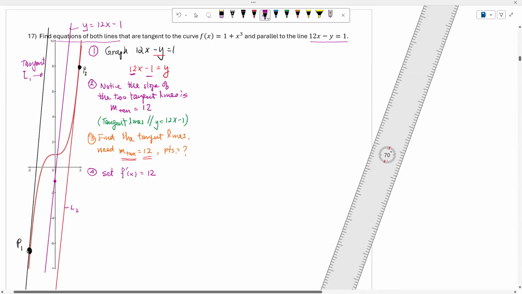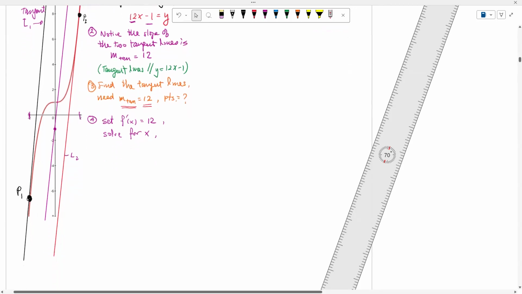Then if I set it this way, I need to solve for x, then I will be able to locate P1 and P2. Now let's see how to find P1 and P2.